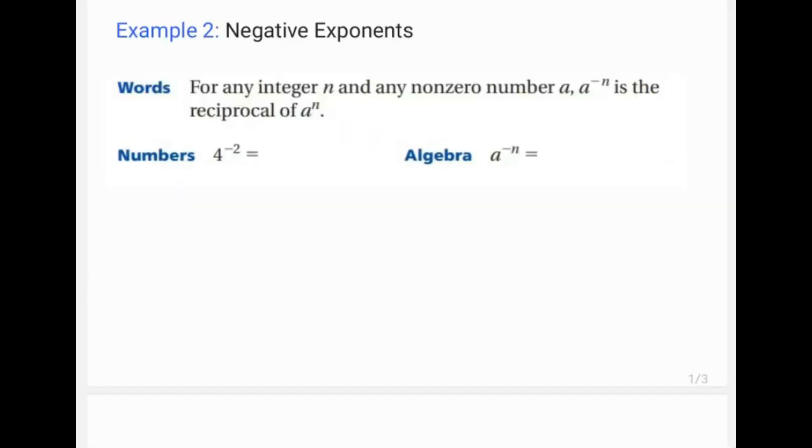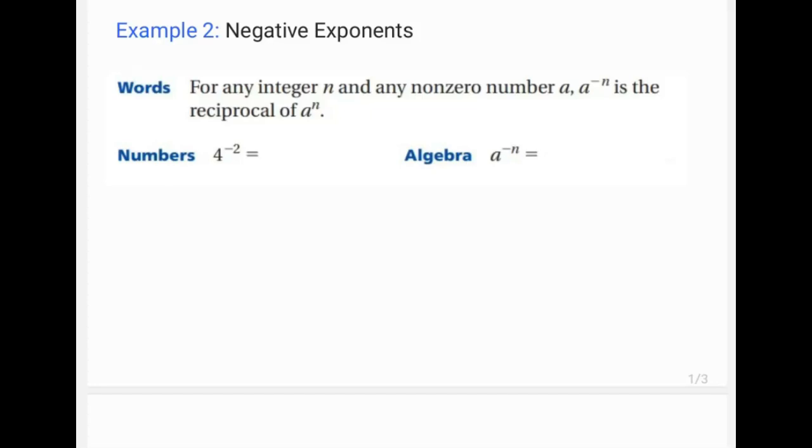In example 2, negative exponents. For any integer n and any non-zero number a, a to the negative n power is the reciprocal of a to the n. So when we have an example like the base 4 to the negative 2 power, we do not want a negative on the exponent. So we have to do the reciprocal.